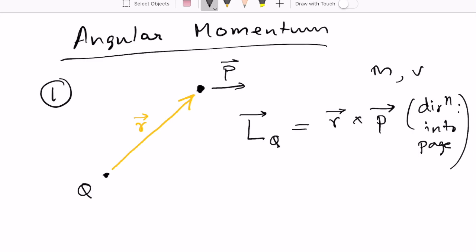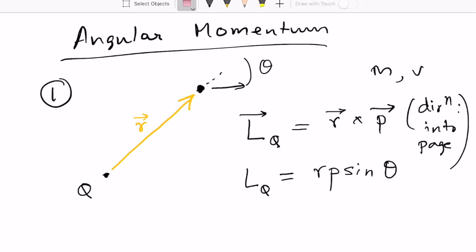So let's just focus on the magnitude of the angular momentum vector. You know the magnitude of a cross product is just magnitude of r, magnitude of p, sine of the angle between r and p. The angle between r and p clearly is this angle. I'll just write the p over here. The angle between r and p is this angle.